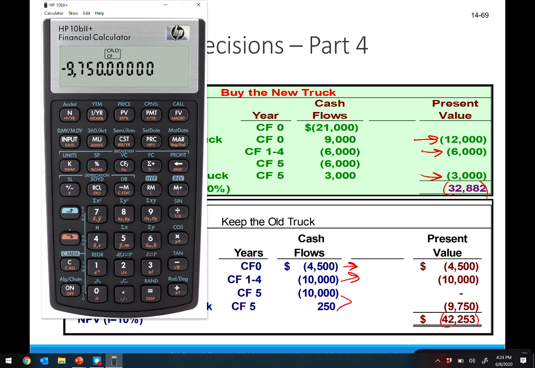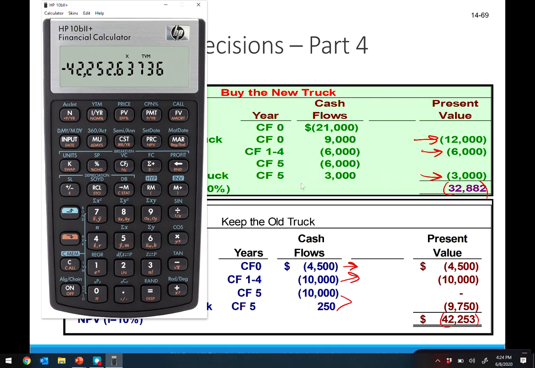I'll intentionally forget to put in my I. Look at my NPV, see how it's all round. So that tells me I probably forgot to put in my I, so pop that in. And there's the answer, 42,253, also negative.